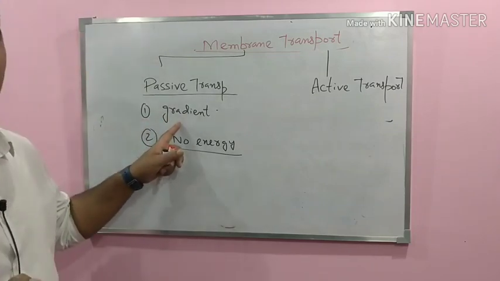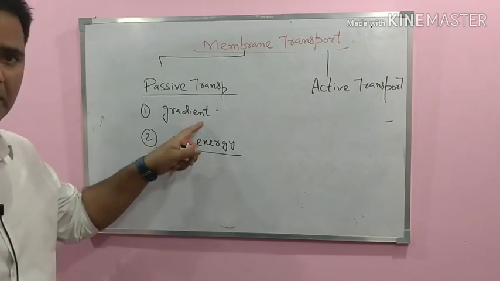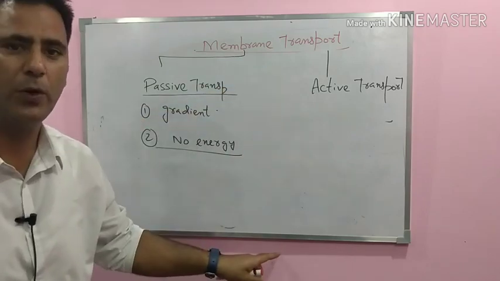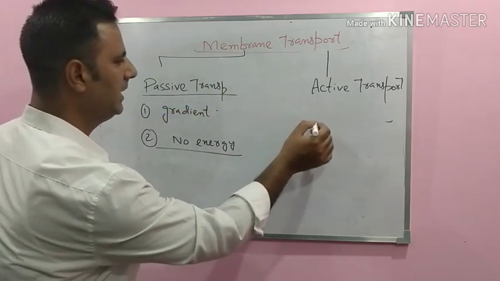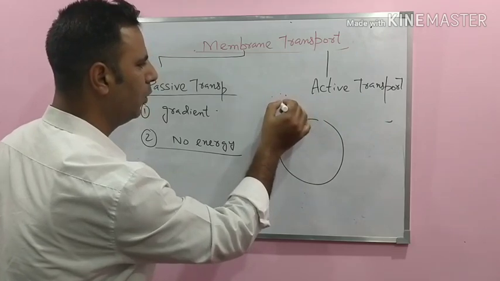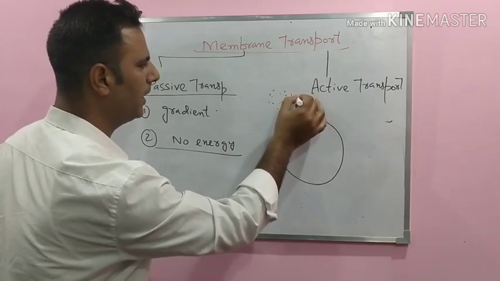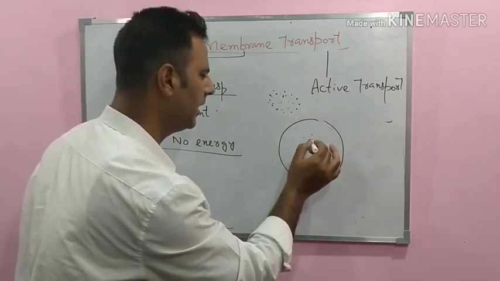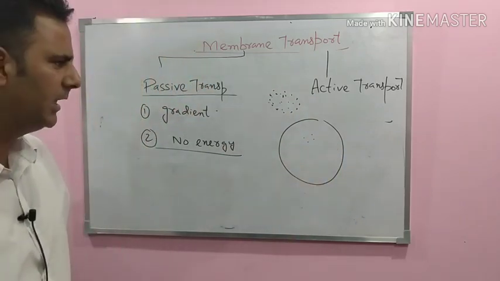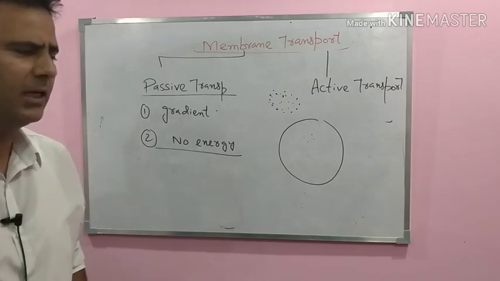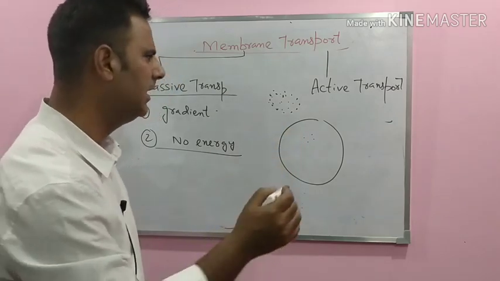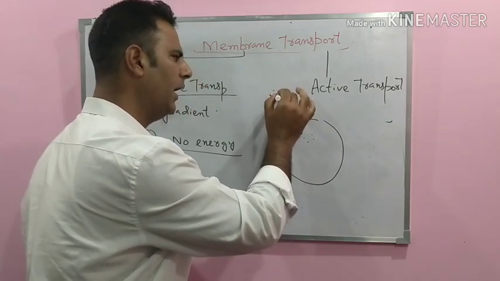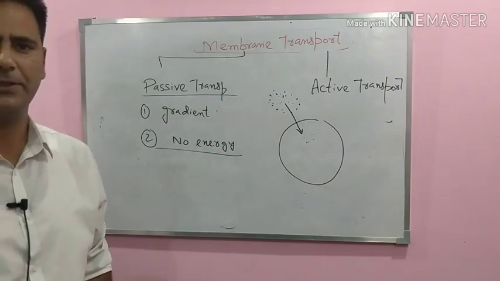What does gradient mean? Gradient means the things will be moving from an area of higher concentration to the area of lower concentration. For example, if this is a cell, and the concentration of a particular substance is more outside as compared to its concentration inside the cell, then there is a natural tendency for the substances to shift from an area of higher concentration to the area of lower concentration.